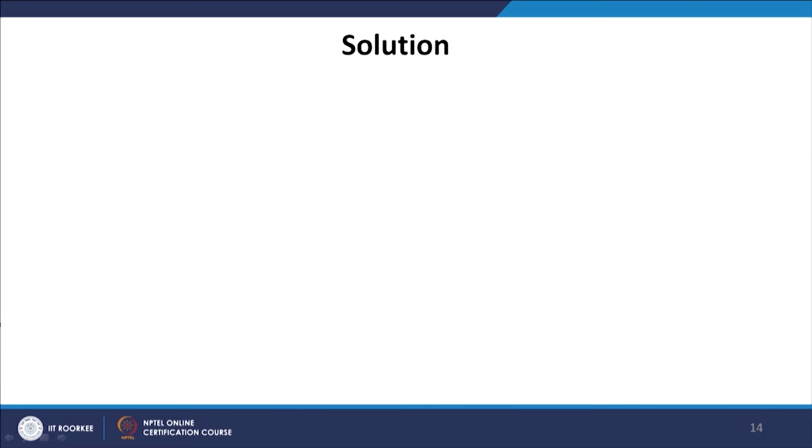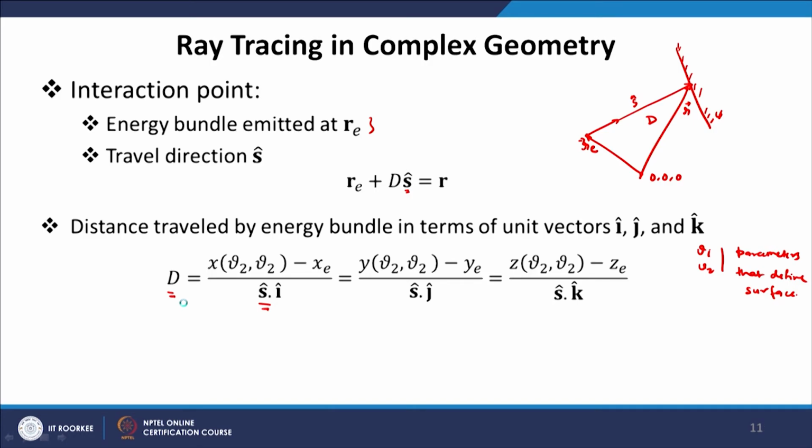So, we can easily represent this circle using r and phi coordinates. So, looking at this geometry, we will use this relation. So, this relation for d we will use to find out the point where the photon will be intersecting.